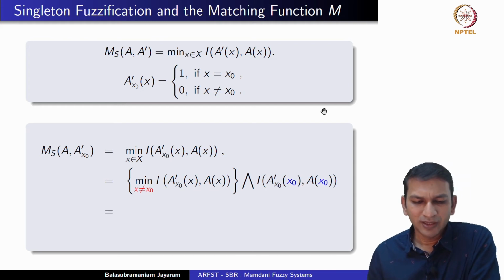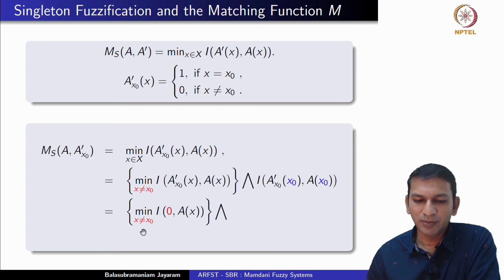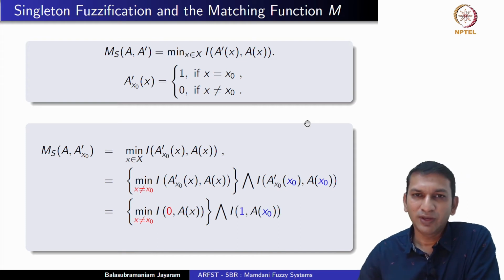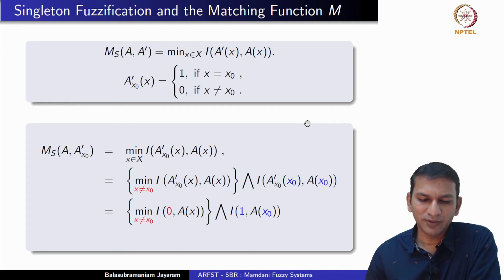Now, if you look a little deeper inside here, at A dash x0 of x, when x is not equal to x0, what we get is 0. So this essentially becomes minimum over x not equal to x0 of I of 0 comma A of x, with minimum of, on the right hand side, what you see after the min operation, A dash x0 of x0, which we know is 1, and so this is what we get, I of 1 comma A of x0.